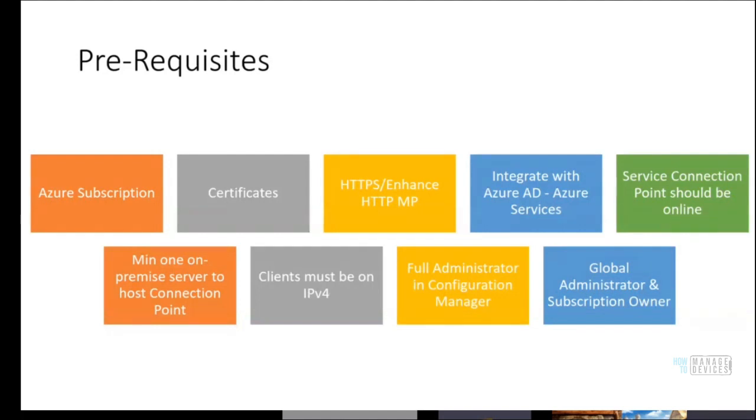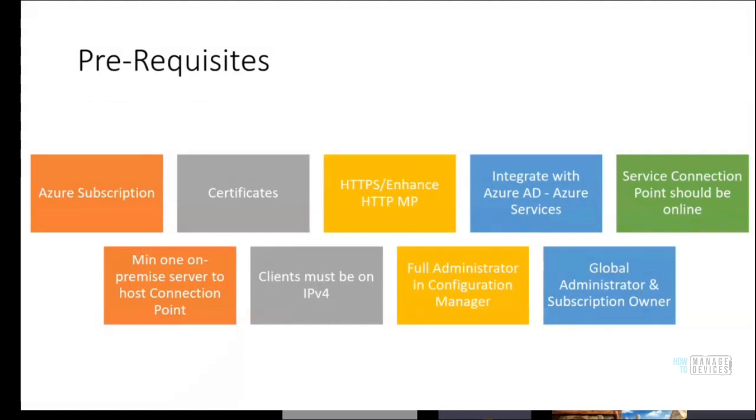And there should be one on-premises server to install the Configuration Manager cloud management gateway connection point. This connection point will be authenticating with the cloud management gateway, pulling all the information from CMG and returning it back to the management point. We'll cover that in detail in the flow.